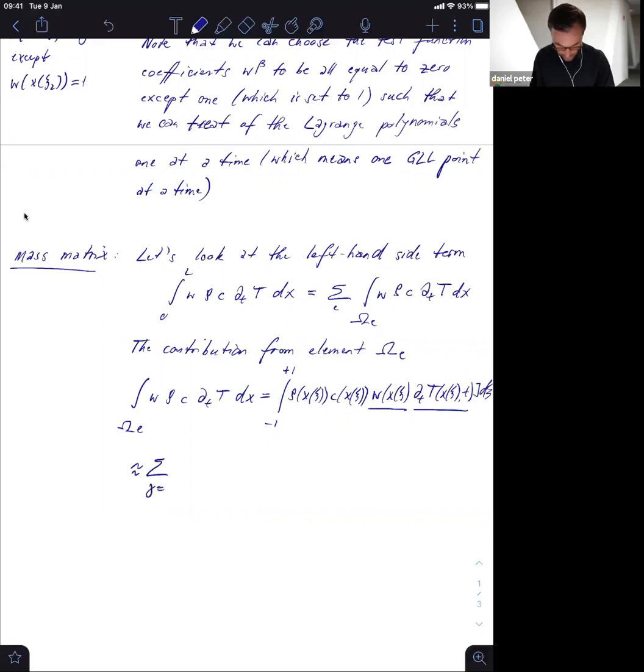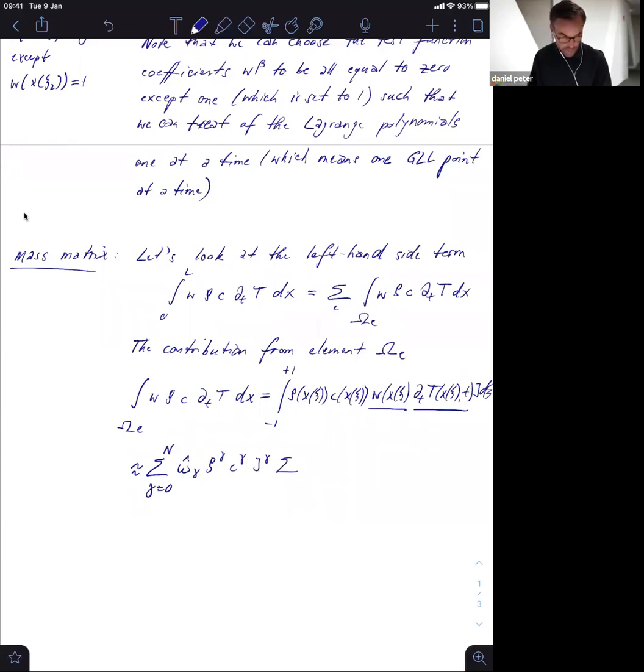And if you look at the quadrature formula, it uses these weights omega hat, and integrates over our GLL points, where we use now gamma as the running index. Then we have rho, the coefficient on the GLL point gamma. The same for the specific heat. And the same for the Jacobian.